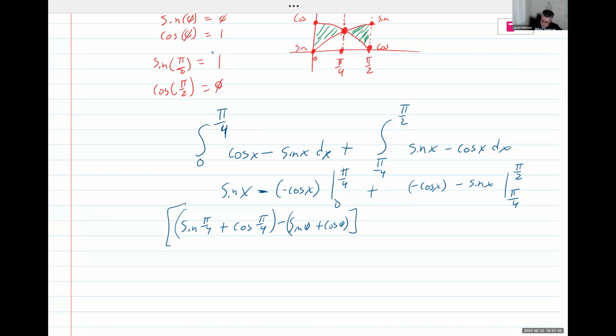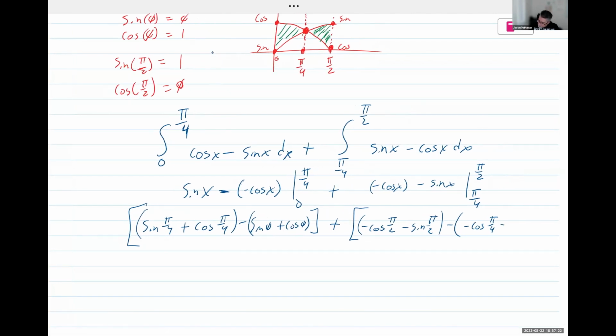Okay, so we got this guy plus, now plug in pi over 2. This is going to be negative cosine pi over 2 minus the sine of pi over 2, minus the negative cosine of pi over 4, minus the sine of pi over 4.